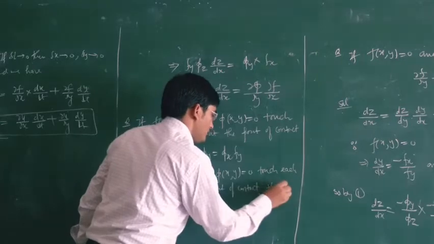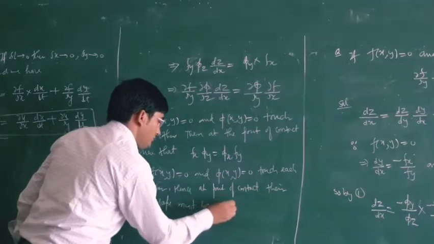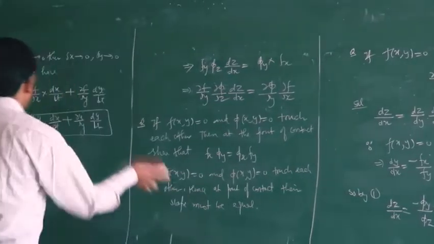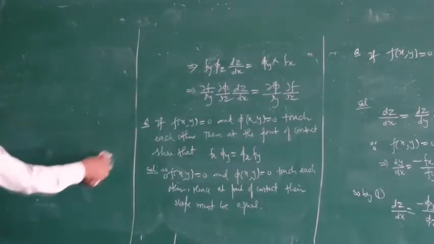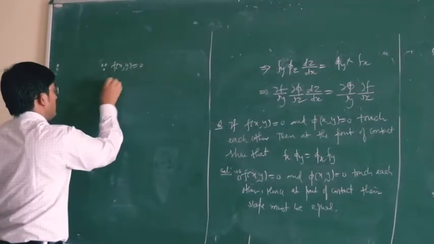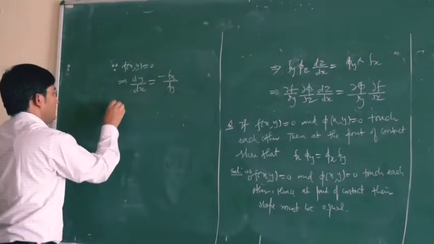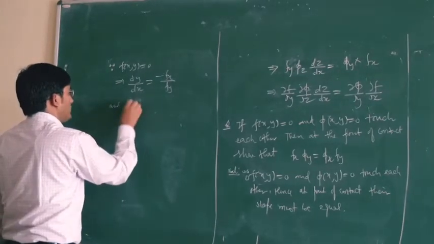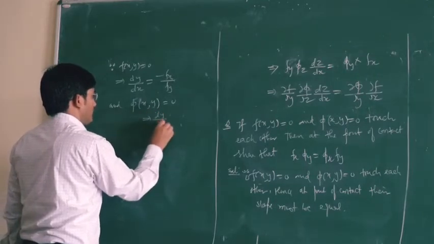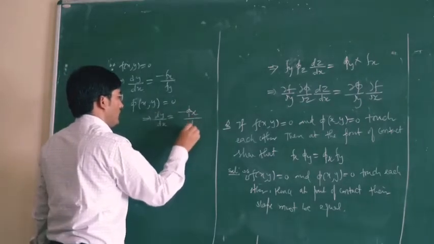Now for the first curve, because f(x,y) equals 0, from here dy/dx is equal to minus fx upon fy, and for phi(x,y) equals 0, we have dy/dx equal to minus phi x upon phi y.